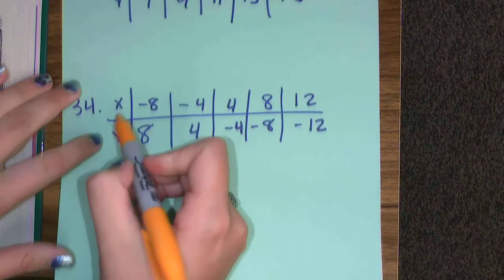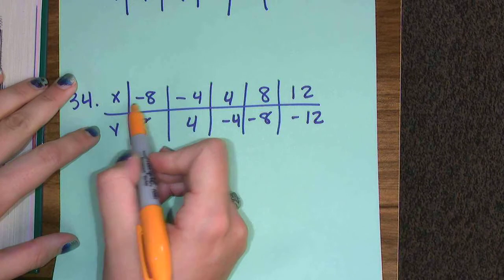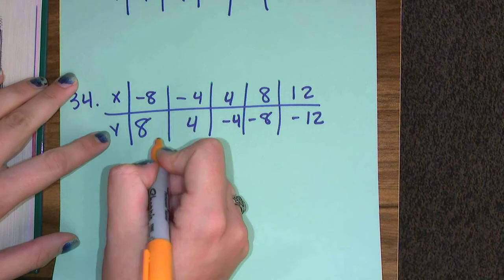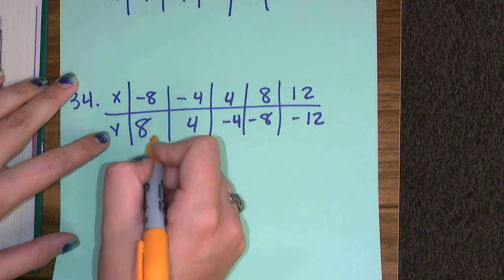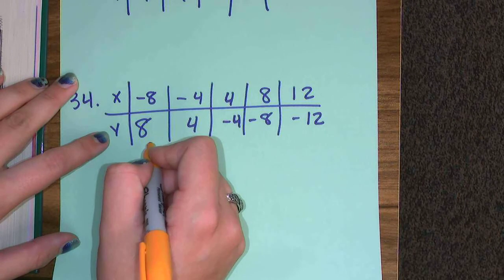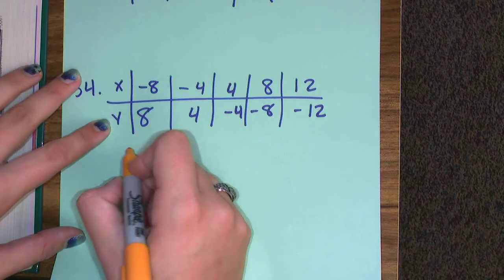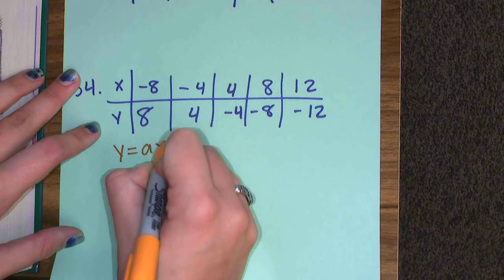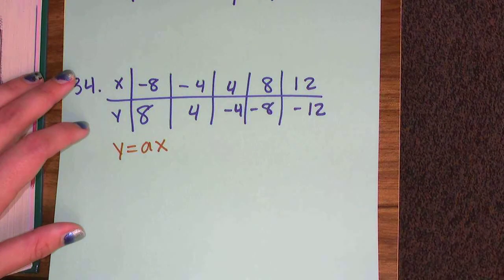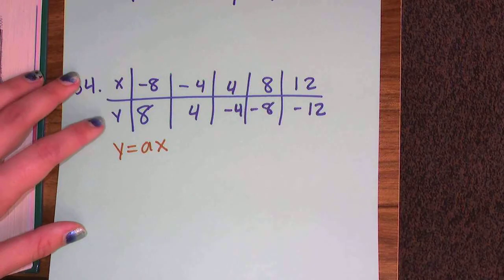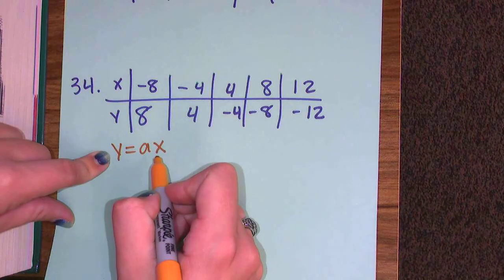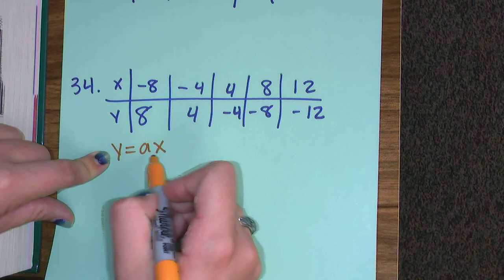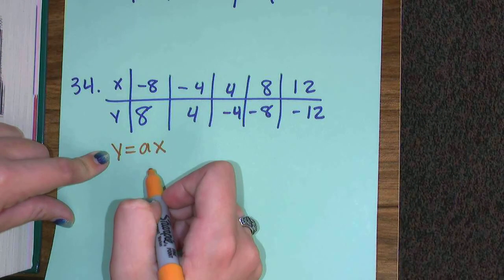We're looking at whatever x is. If y varies directly, they're going to be the same number, most likely with a different sign, or some multiple of the number. So in this case, we know that if it is, then y is equal to ax. With the numbers, if I had 8 here and negative 8 here, then I solve for a, what would a be? Negative 1.